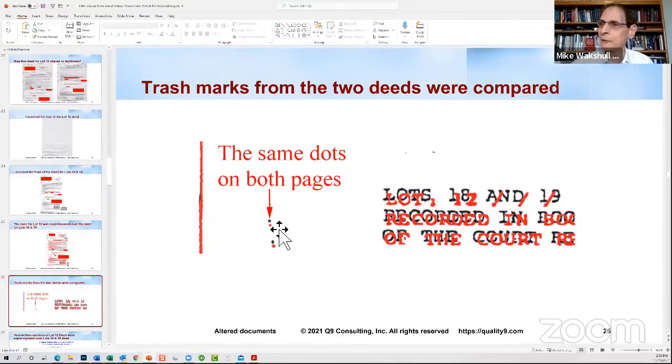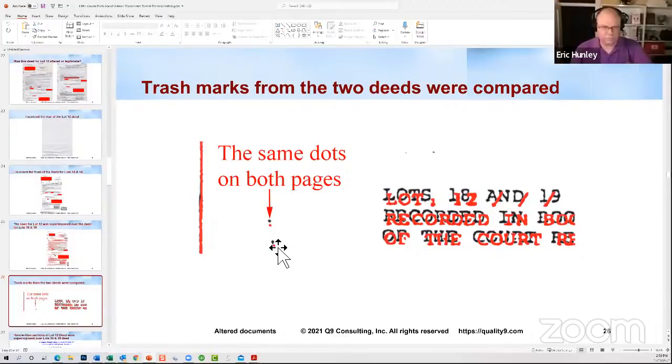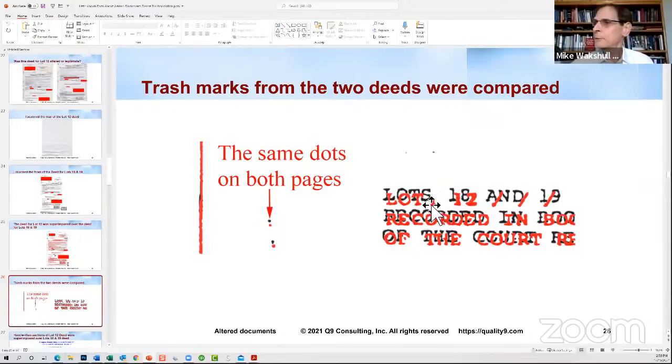Now, what I did is I offset this a little bit so you could see both, because if I put them one on top of the other, you wouldn't see the red and black. The red would cover the black. And I offset this lot 12, and you can see that this is part of a normal deed.